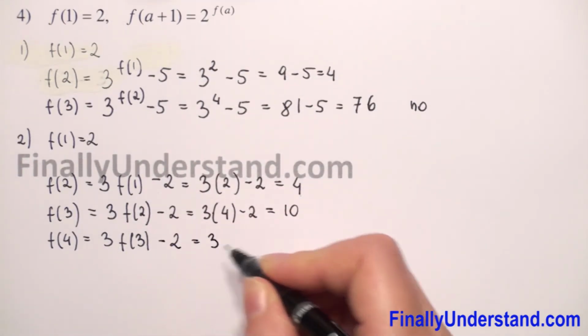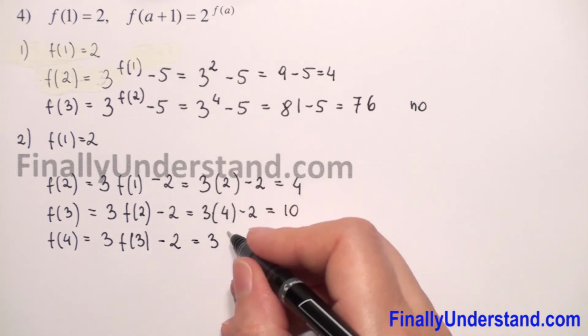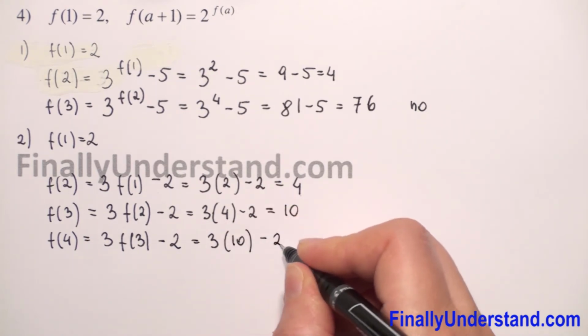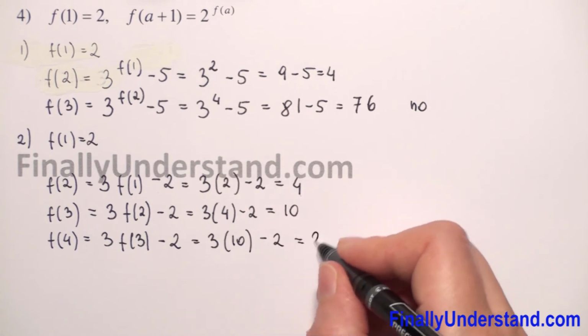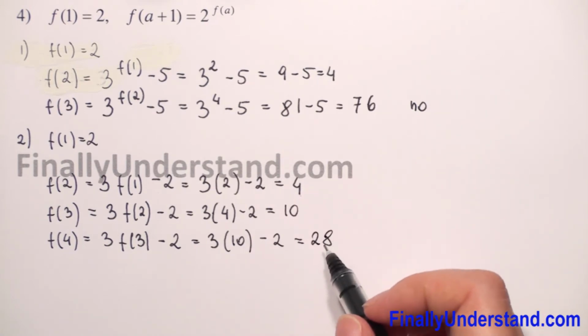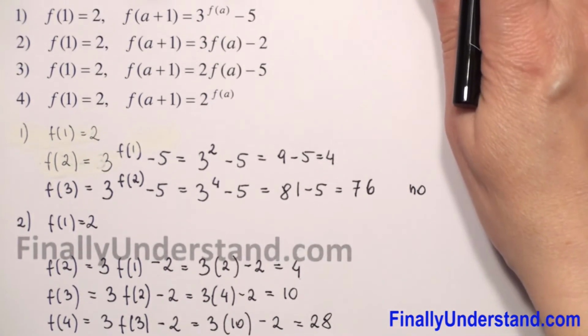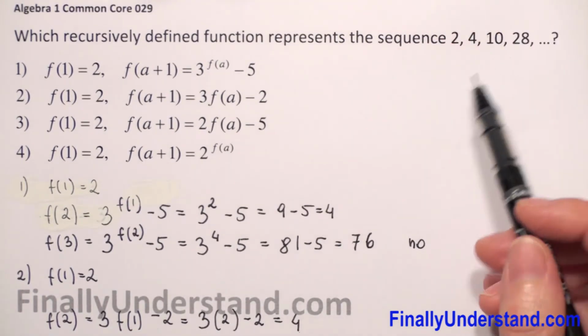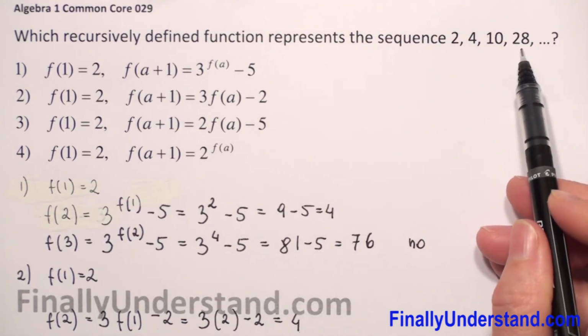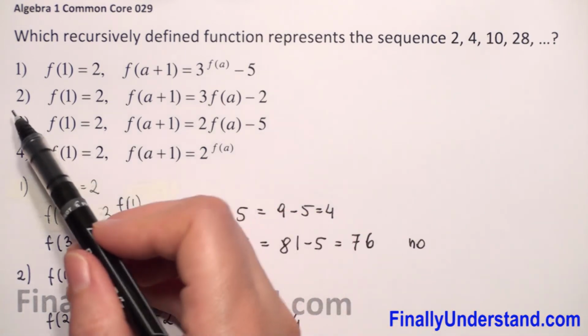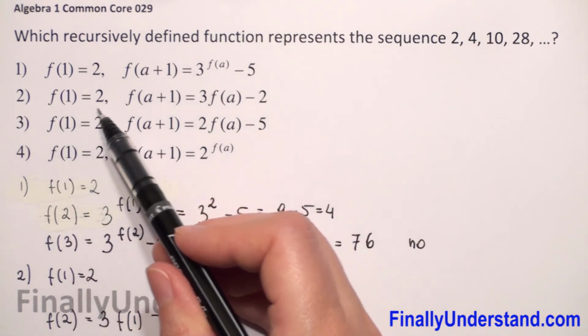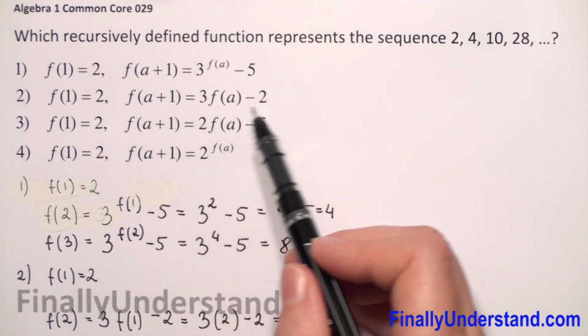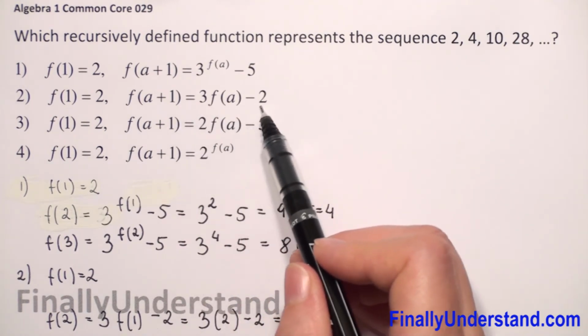So this is equal to 3 times f of 3, which we found is 10, minus 2. So we have 30 minus 2, which is 28. This is exactly the same as in our example. The fourth term is 28. So we can say that the second statement defines our sequence.